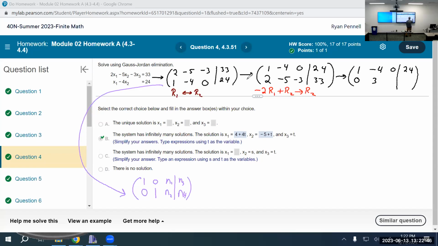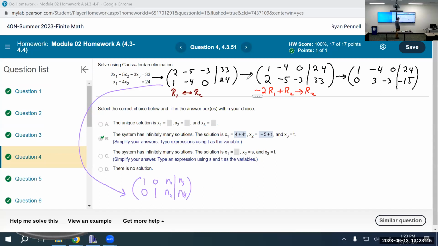Plus -3, -3. -2 times 24 is -48 plus 33, so I think that's -15. Still human. I have to sometimes write stuff out. Can't keep it all in my head.